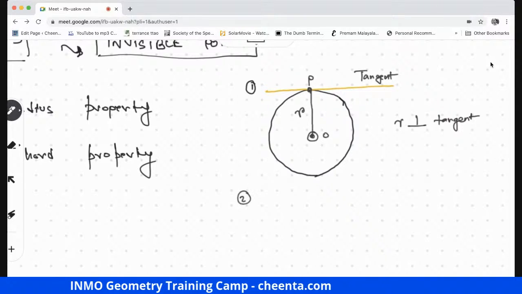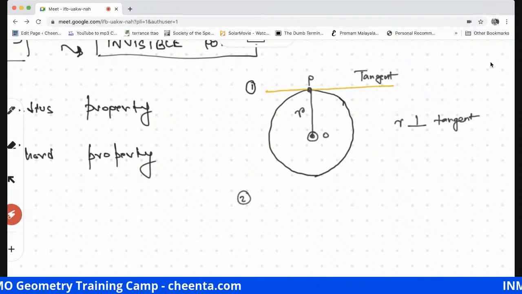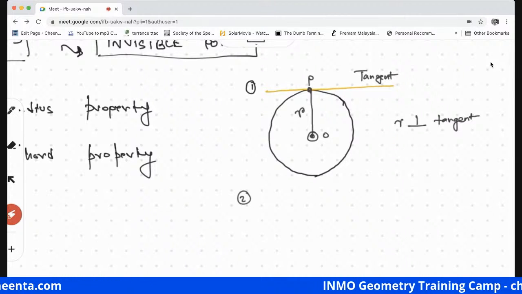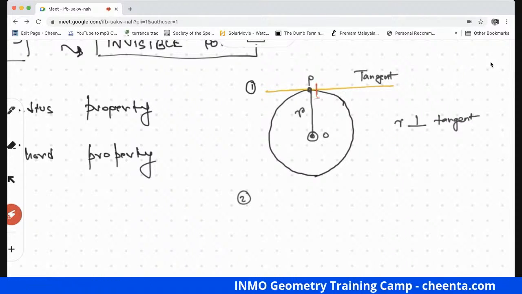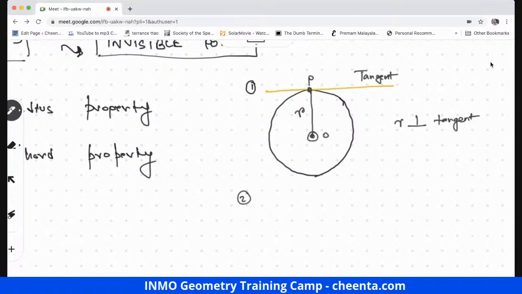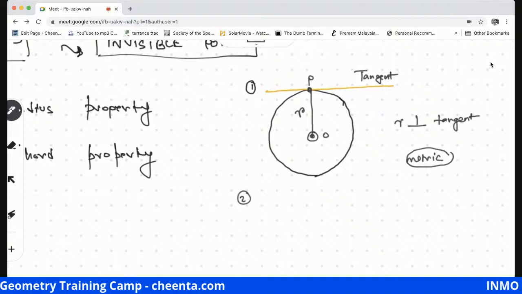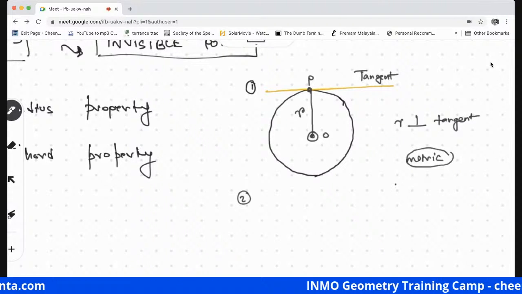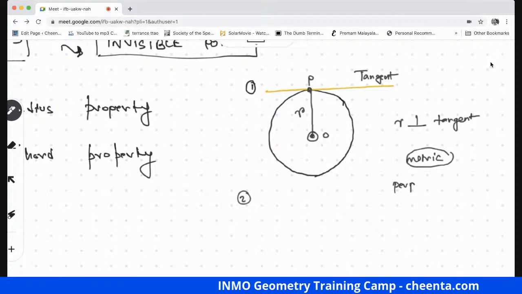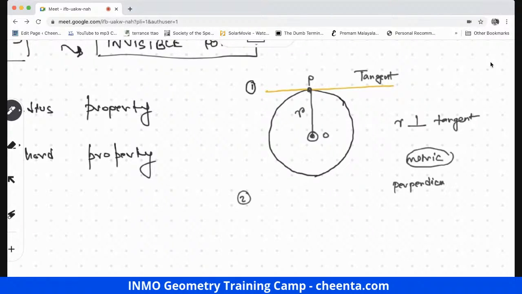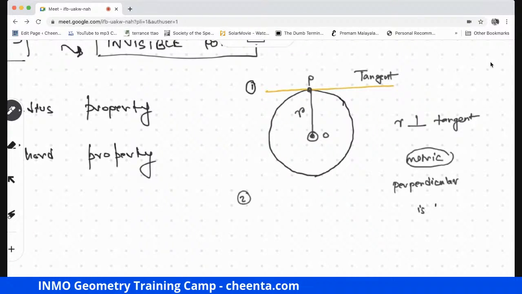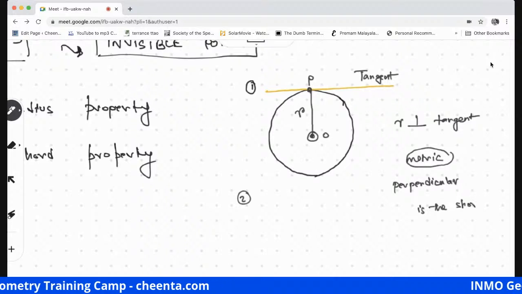One of the reasons I love this problem is that you look at the notion of perpendicularity from a metric point of view. What do I mean by that? Metric means distance. So the interpretation that the perpendicular is the shortest path will be heavily used here.